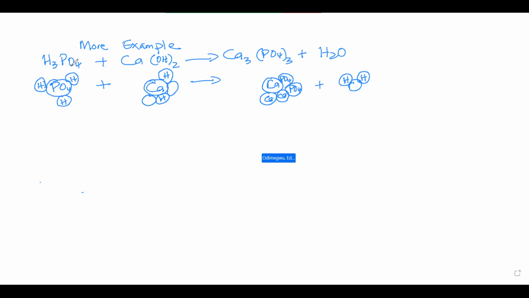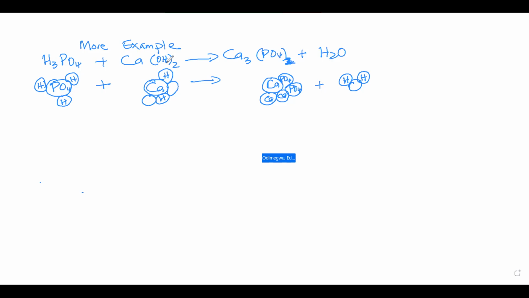So what is happening here is you draw your substances. Actually this is 2. Now this is also a polyatomic ion, OH, but there's no OH on the reactant side, so you treat this as individual atoms, okay?